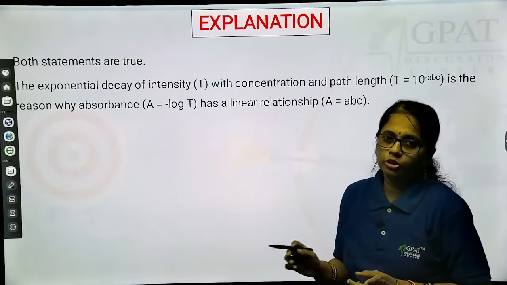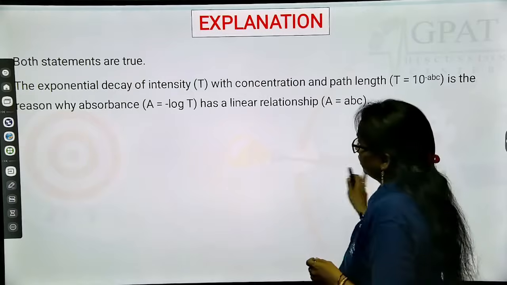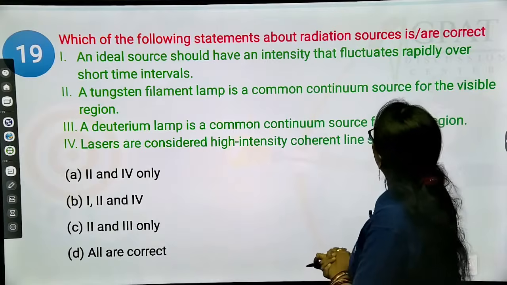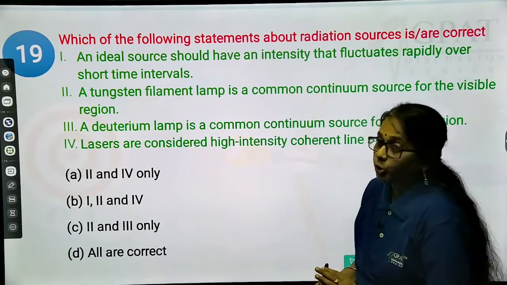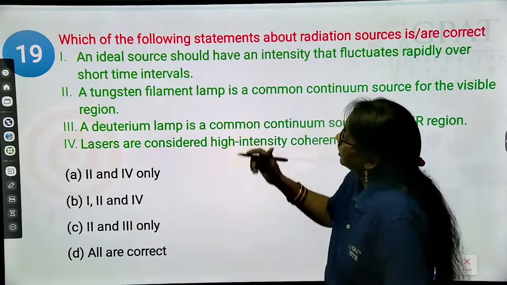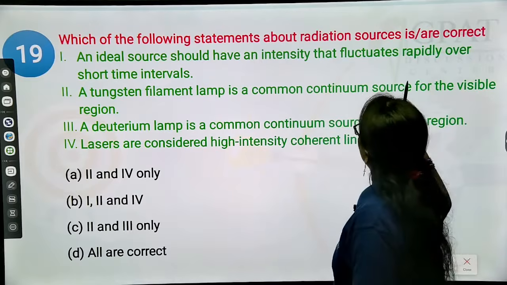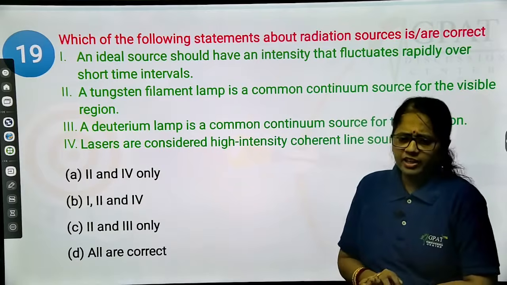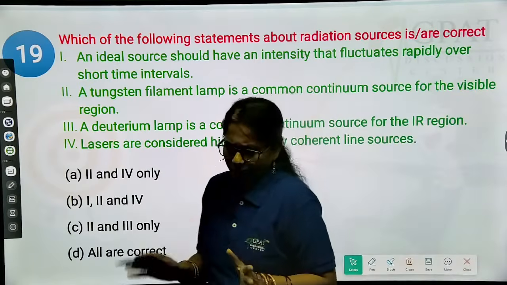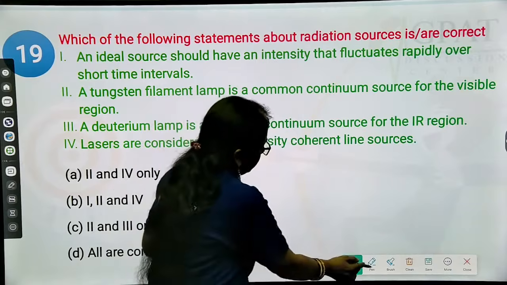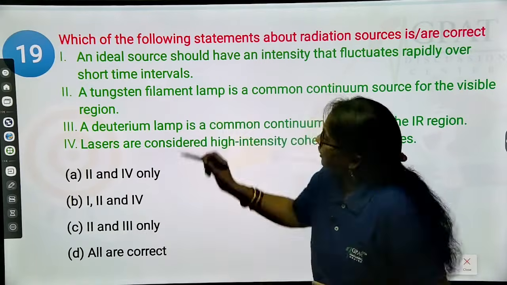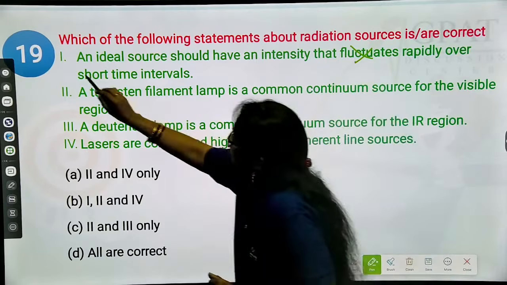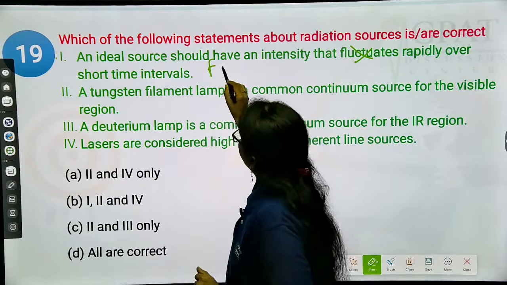that both are true. Okay, next, which of the following statements about the radiation source is correct? An ideal source should have an intensity that fluctuates rapidly over short time intervals. Ideal source means it should not fluctuate, so obviously this is the false statement.